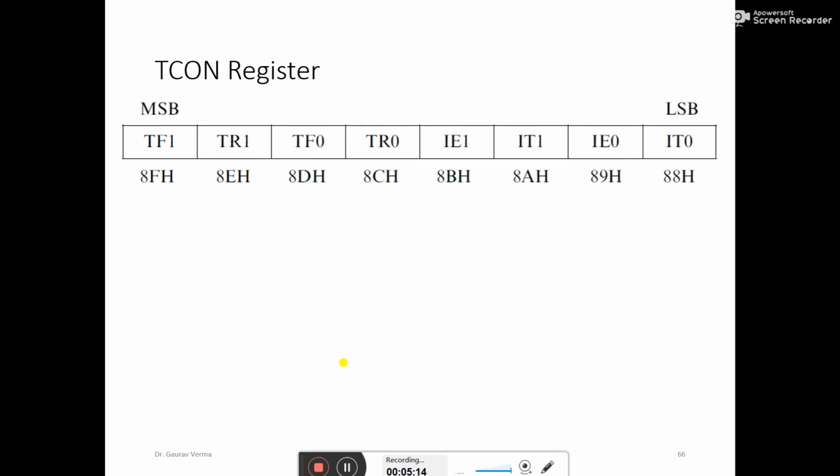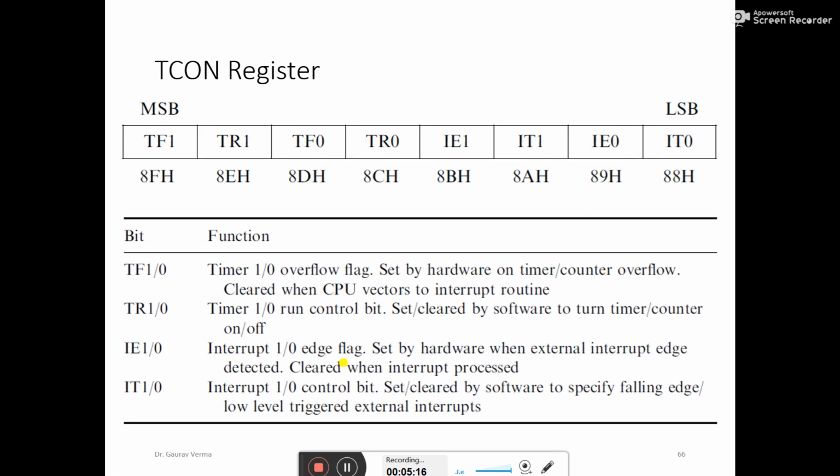Now the TCON register has some functions for its bits. TF1/TF0: timer 1/0 count overflow flag, set by hardware on timer counter overflow, cleared when the CPU vectors to the interrupt routine.